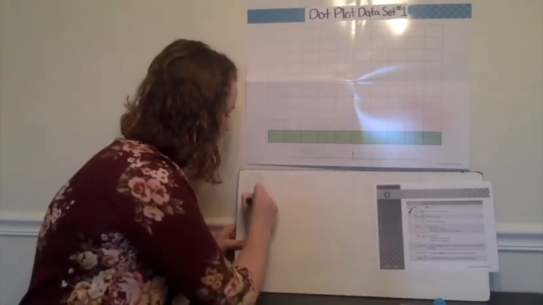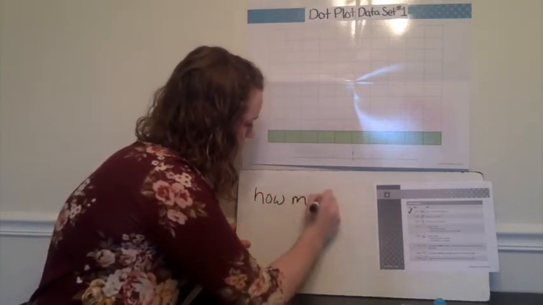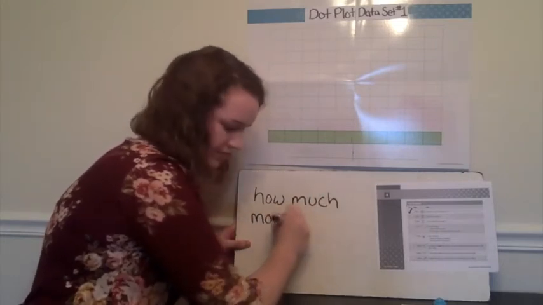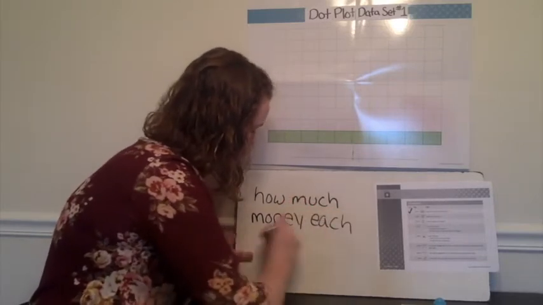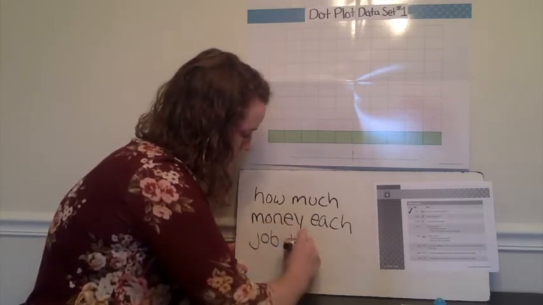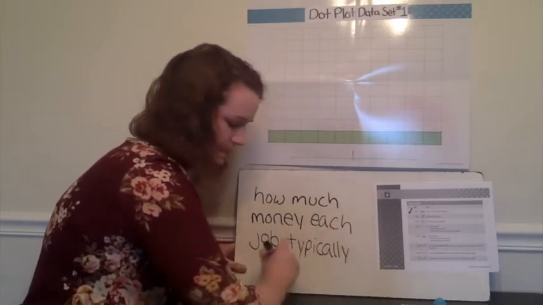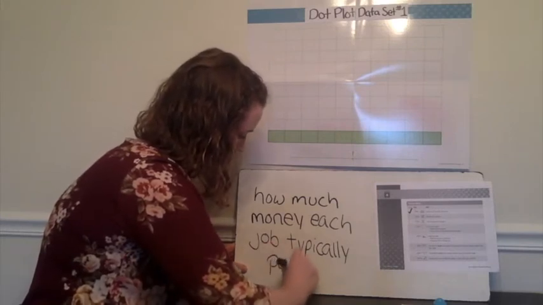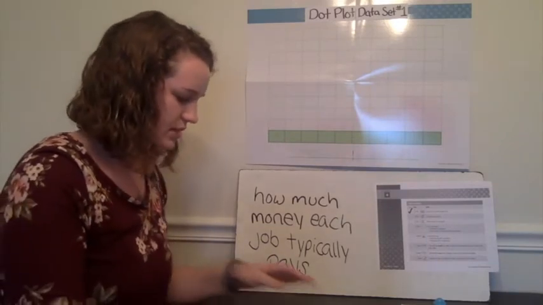You're going to write how much money each job typically pays. So go ahead and write that right on the side under step 2.